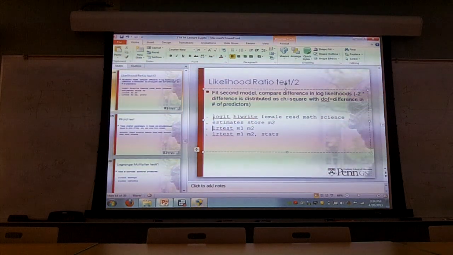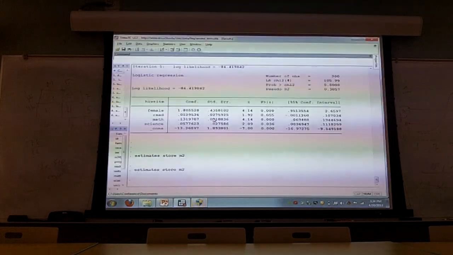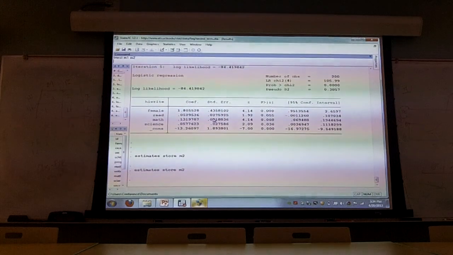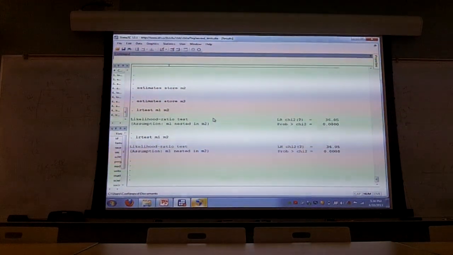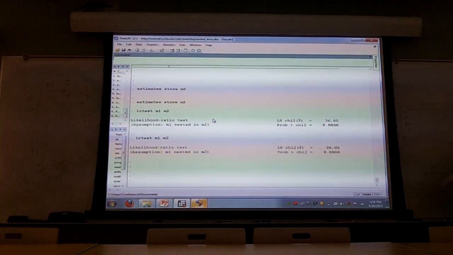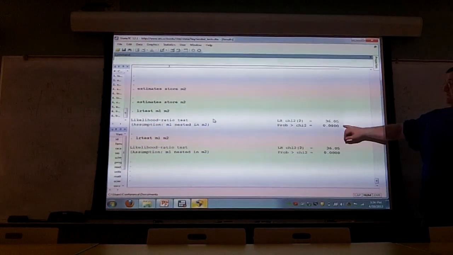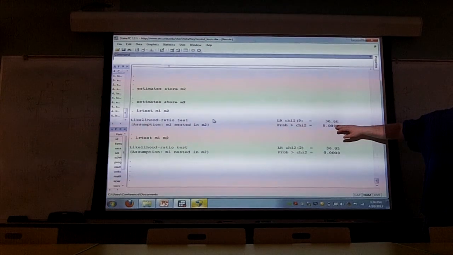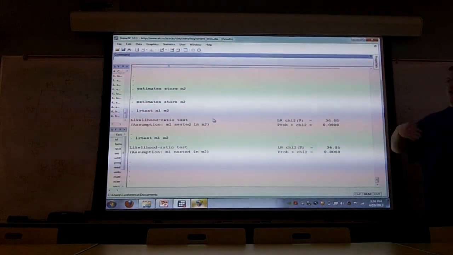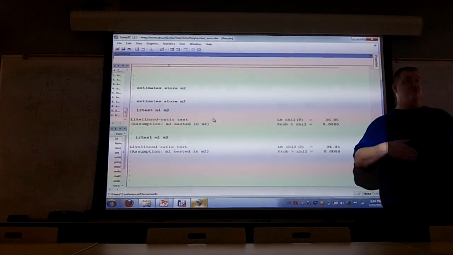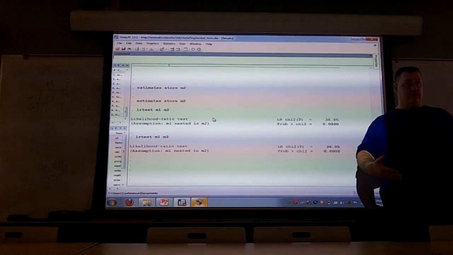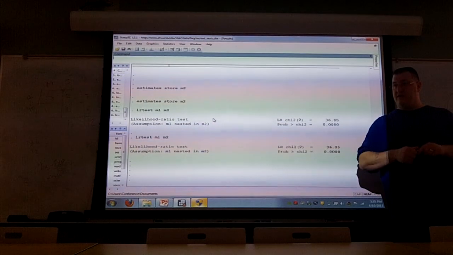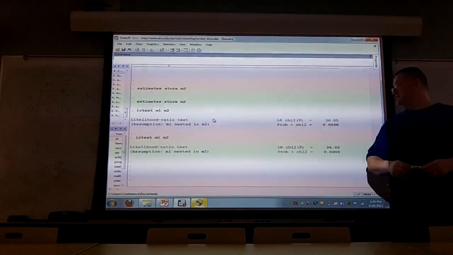Now I can compare the 2 models. The null hypothesis that I'm testing here is that those new parameters do not improve the fit of the model.